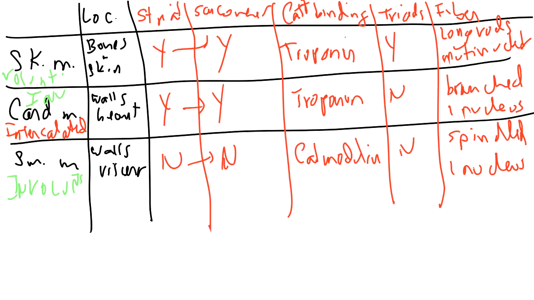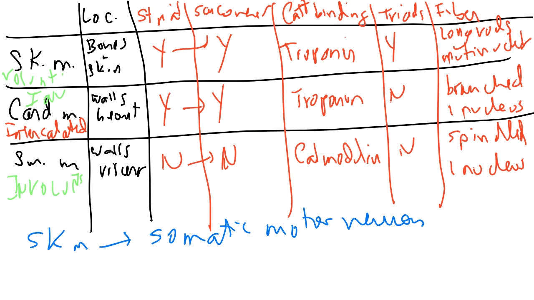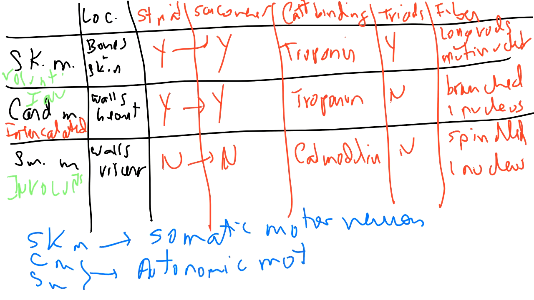Skeletal muscle used somatic motor neurons. Cardiac muscle and smooth muscle both use autonomic motor neurons, to be a little bit more precise.